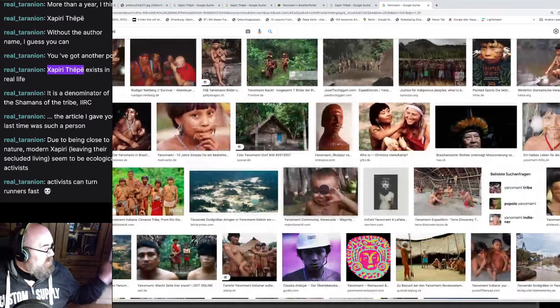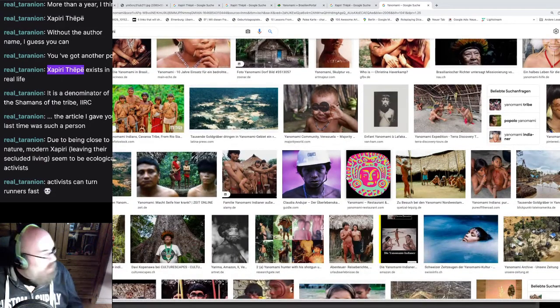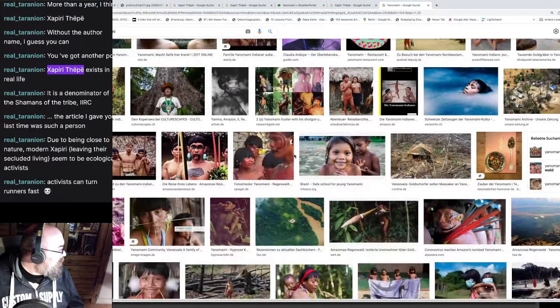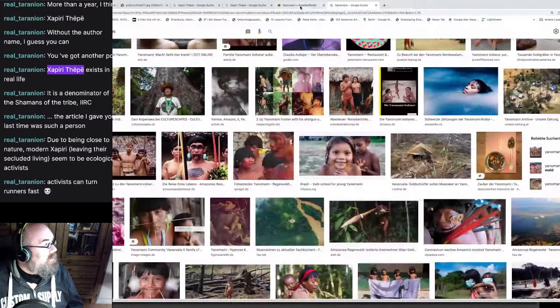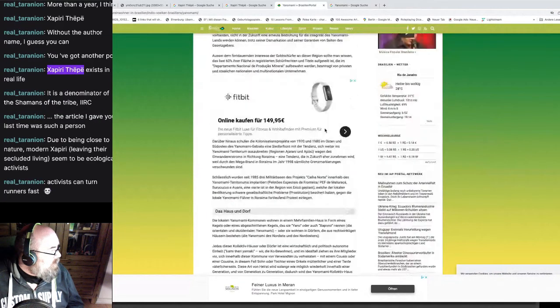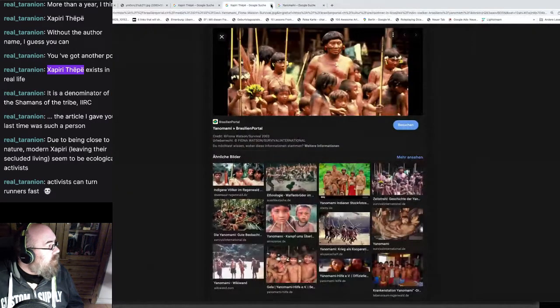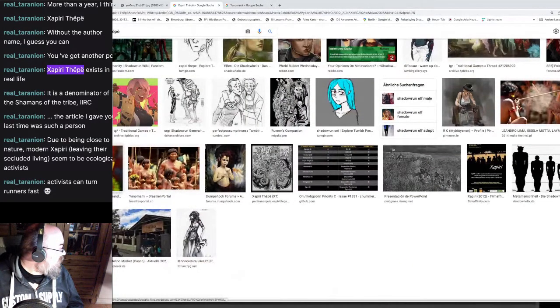I can see these, sorry for a better term, these toothpicks. I don't know what they are called. Although, okay, he has a kind of feathery headgear, and I think there was another one, this one here. Yeah, he has kind of feather stuff on his head.